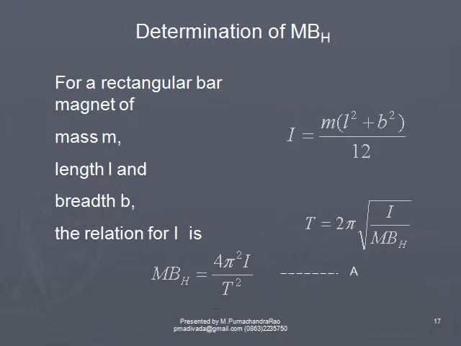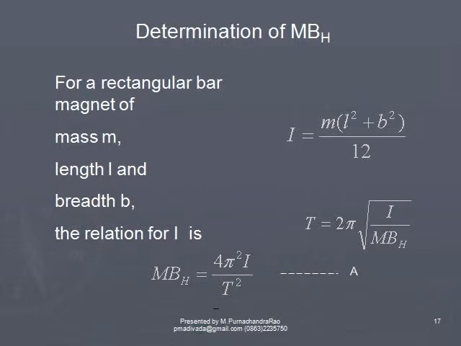For a rectangular bar magnet of mass m, length L and breadth B, the relation for moment of inertia I is equal to m into L square plus B square, whole divided by 12.